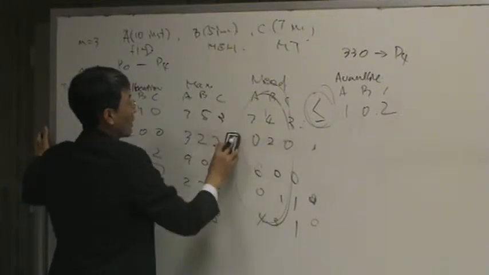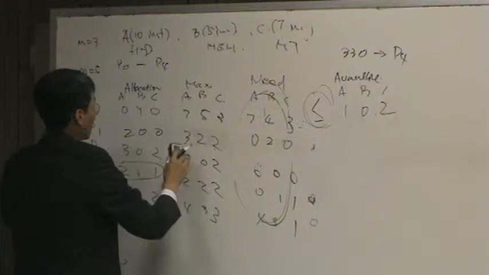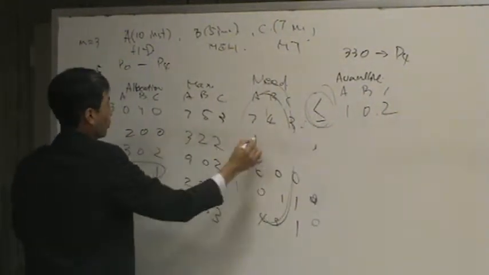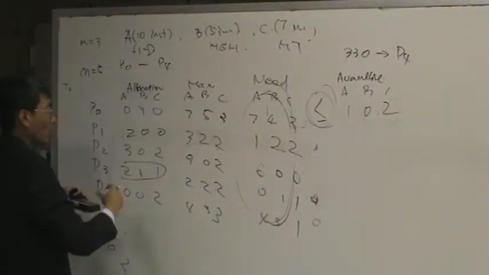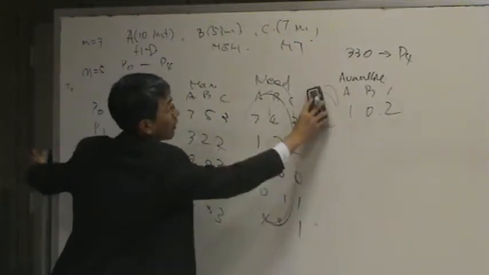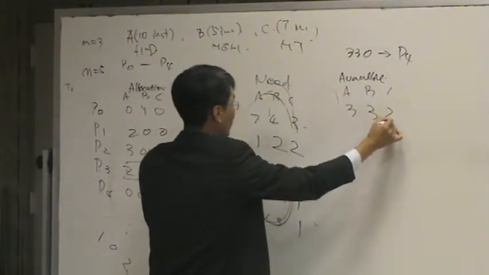So we have 7, 4, 3 for need, and 1, 2, 2, and 6, 0, 4, and 0, 1, 1, and 4, 3, 1. Then available is right now 3, 3, 2.